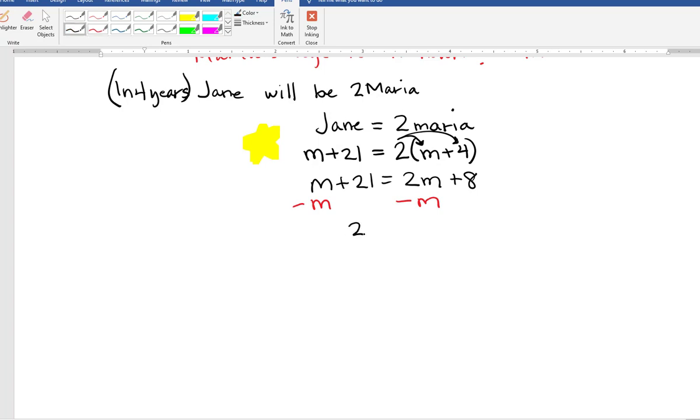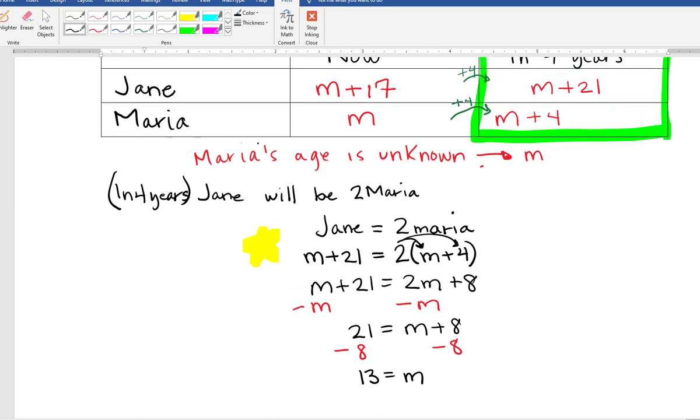I get 21 on the left equals m plus 8. Since I want to solve for m, let's go ahead and subtract 8 from the right, subtract 8 from the left, and I get, well, if that was a 20, minus 8 would be 12, plus 1 is 13 equals m. Cool. We use that up here in the table.